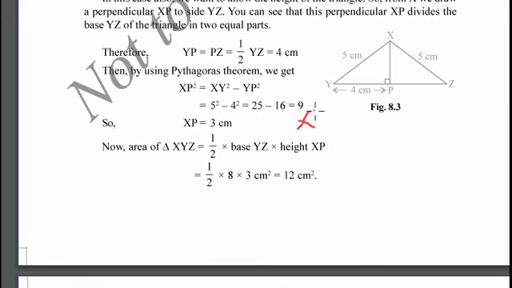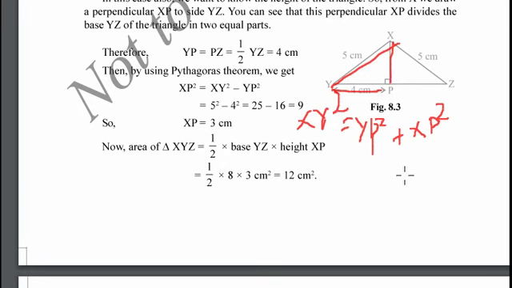which is XY square is equal to YP square plus XP square. We need to calculate the length of this XP, so we will keep that on one side of the equation.